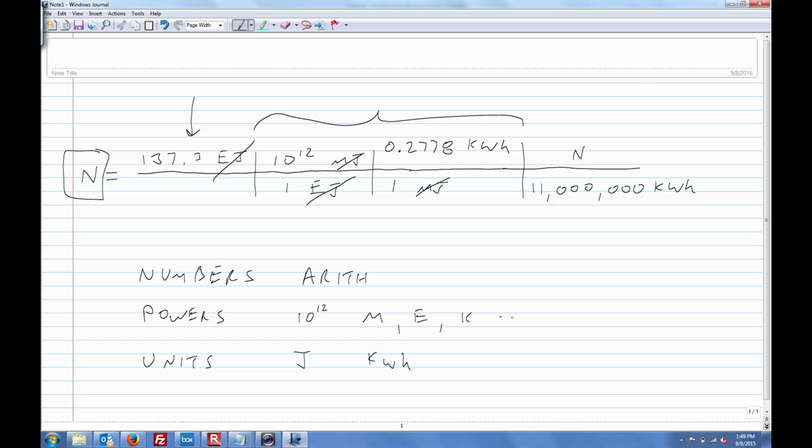Say, well, gosh, if that number got bigger, is n going to go up or down? Well, it's in the numerator, so if the numerator on the right-hand side goes up, the number on the left-hand side has to go up. So I know I've got that thing in the right place.